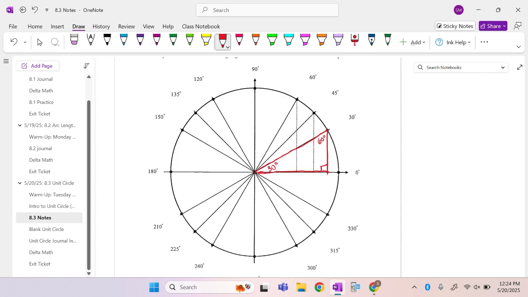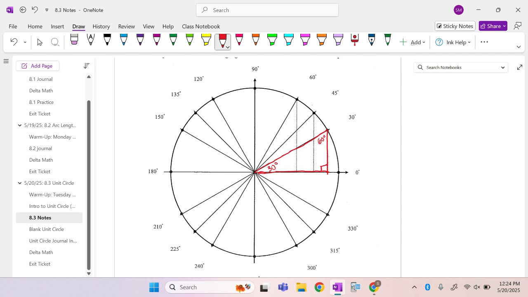Now, we know that the radius of a unit circle is what? The radius of a unit circle is always 1.